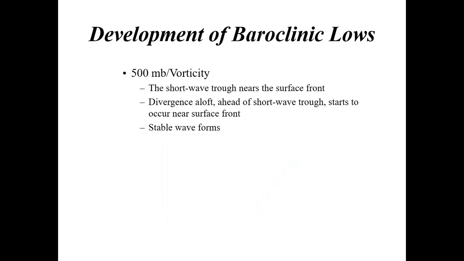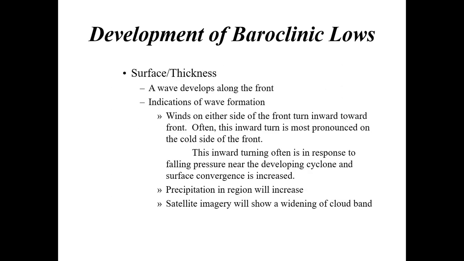The shortwave trough, as that nears the surface front, the divergence aloft, again, ahead of that shortwave trough starts to occur. We get a stable low pressure wave that forms along the front.